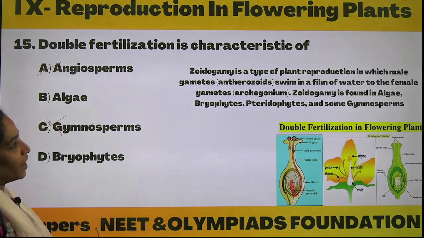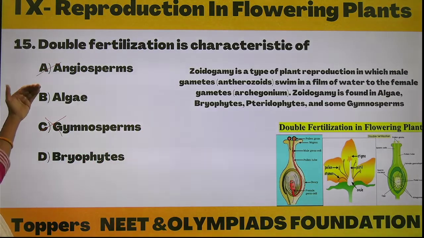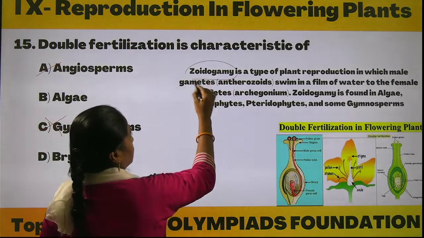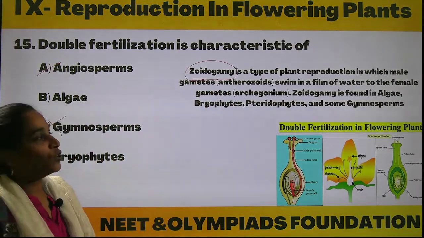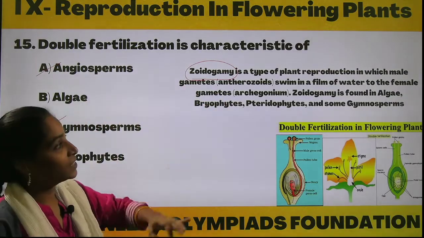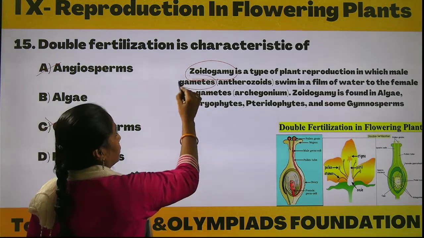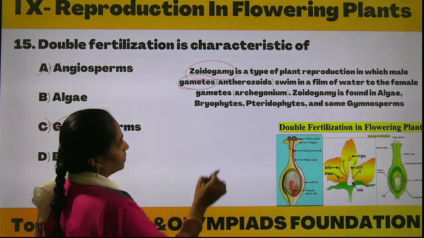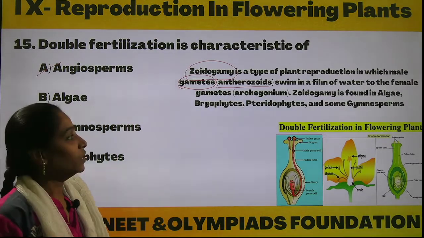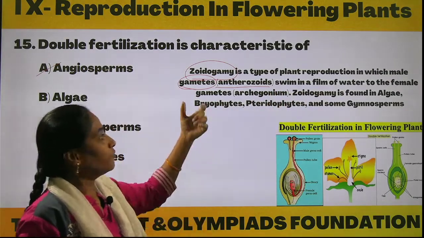And algae are given as examples over here. In the algae and the bryophytes we can observe zoidogamy. What is zoidogamy? Zoidogamy is a type of reproduction seen in plants where the male gametes are the antherozoids. They swim in a film of water to the female gametes.